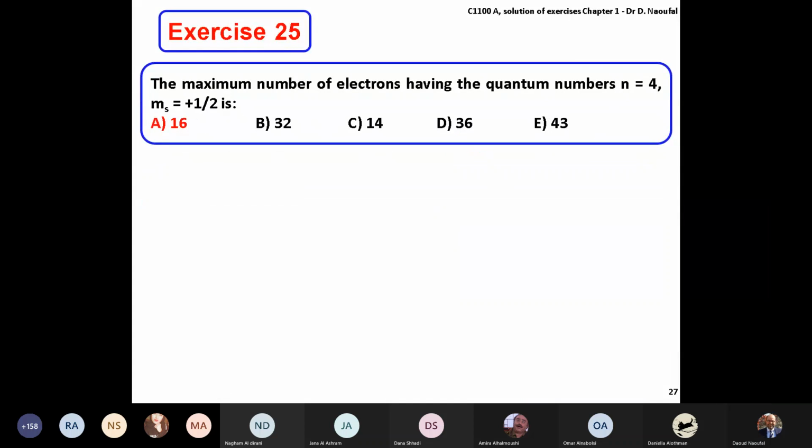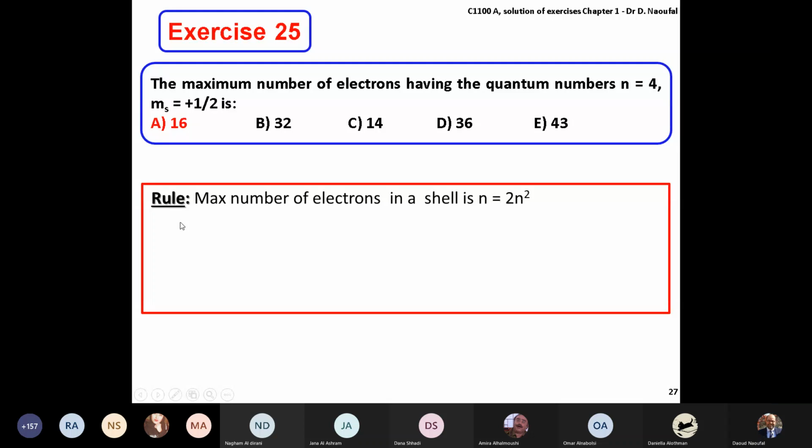Exercise 25. The maximum number of electrons having the quantum number n equal 4 and ms equal plus half is. We have several possibilities. This is a rule that can be applied directly: the maximum number of electrons in a shell.